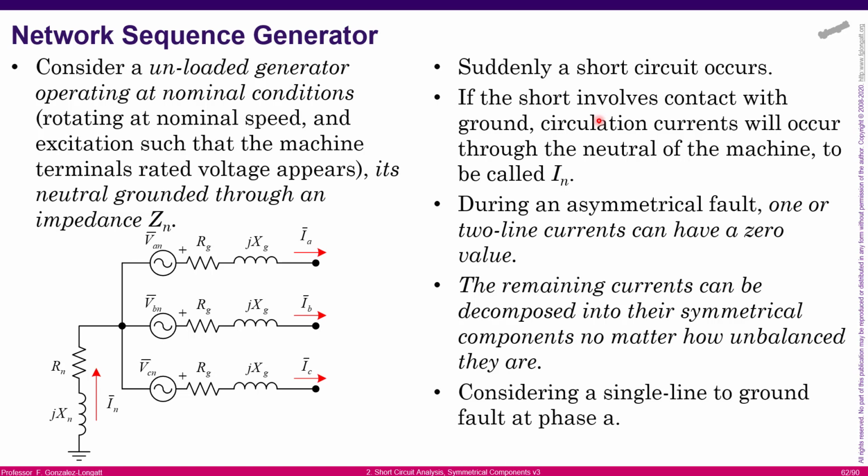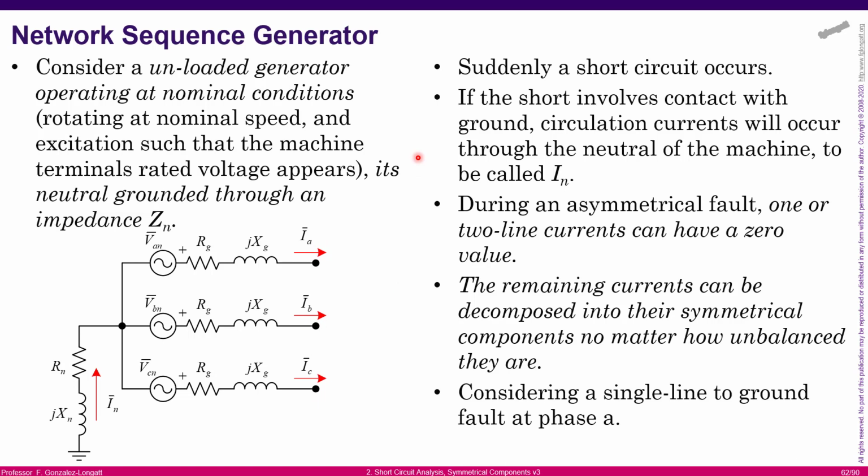The excitation is such that the terminal voltage is the nominal, and we have a star-connected synchronous generator. You can see here the three-phase diagram, and the neutral point is connected to ground using an impedance, okay? Here we have the current on lines A, B, and C, okay?